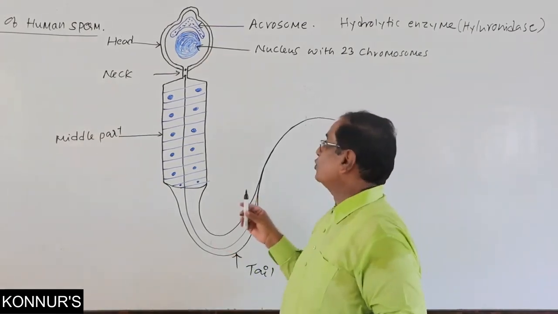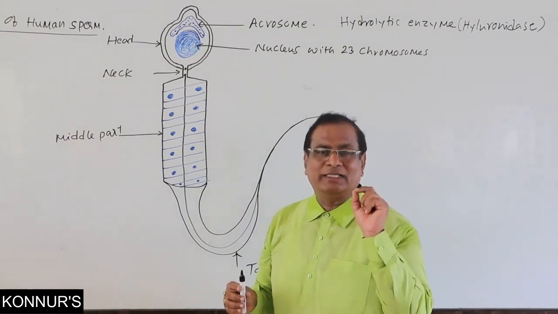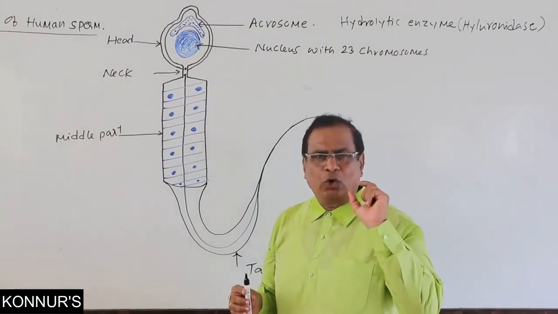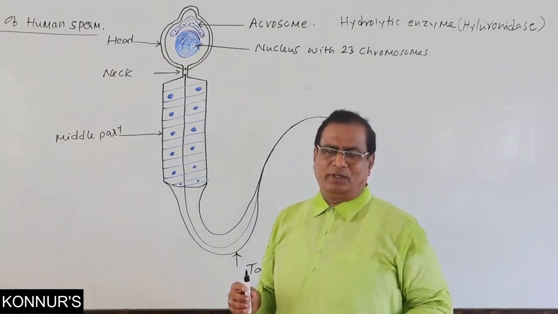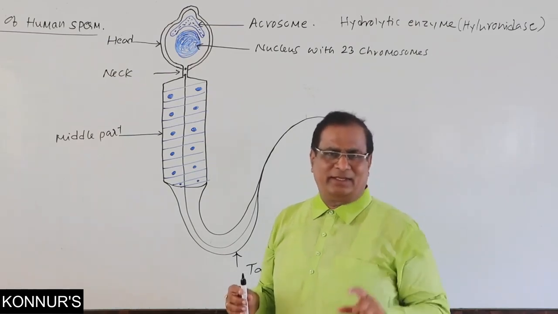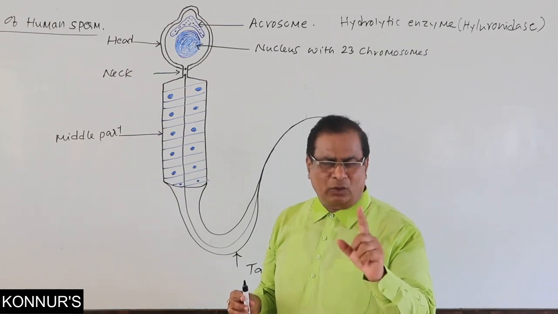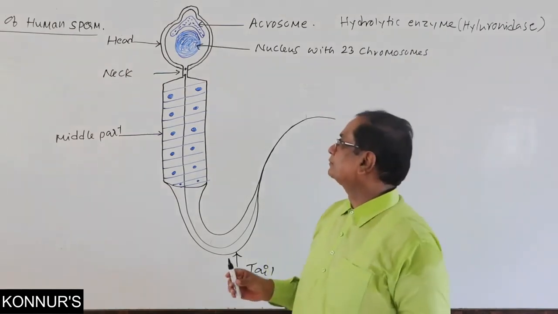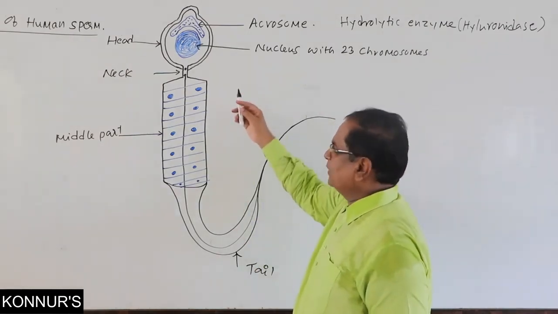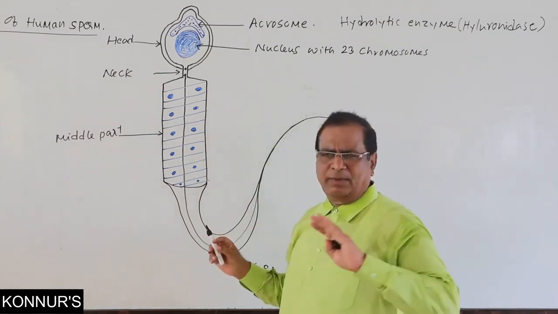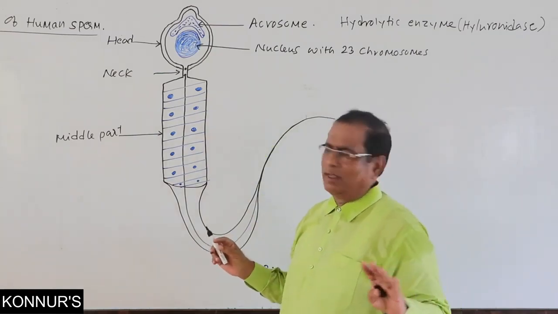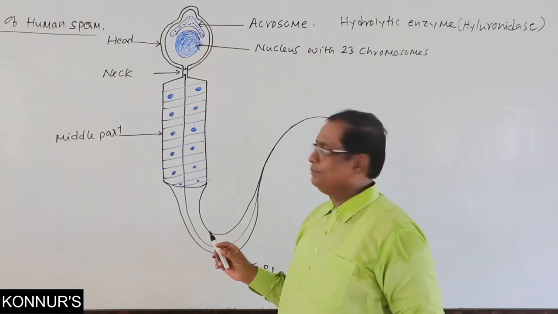And acrosome of sperm is produced from Golgi bodies or Golgi complex. We should remember, acrosome is formed from Golgi complex. And now, total sperm is covered by plasma membrane because it's a cell.